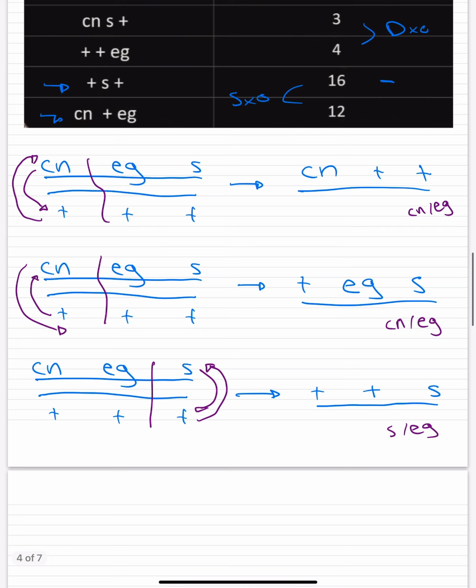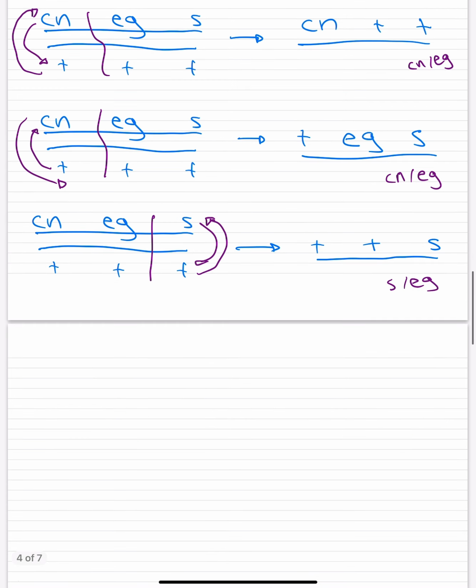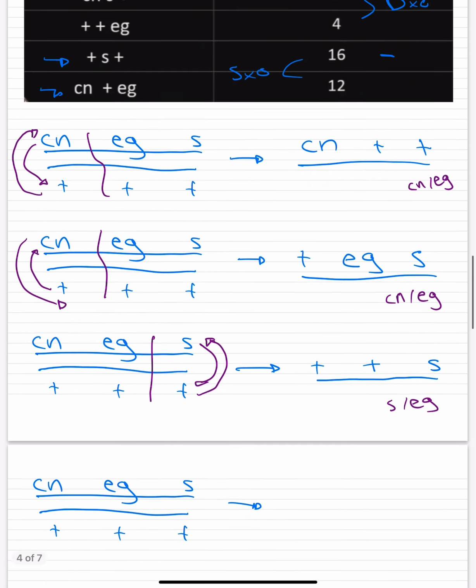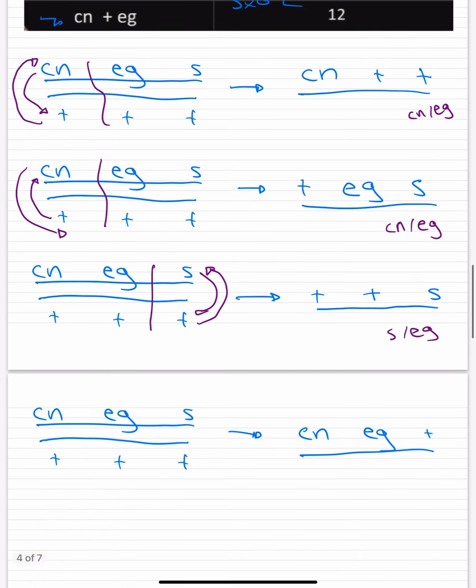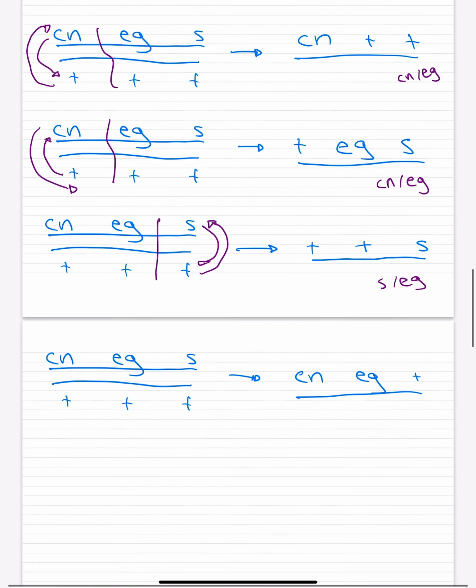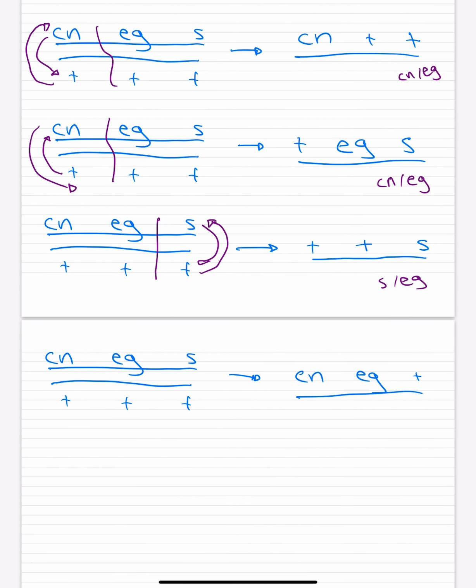Onto the chromosome underneath it, CN plus EG. Remember to write it out in the proper format. CN EG plus. In order to get this genotype, you have to have this plus switching with this S, and this S switching with this plus.